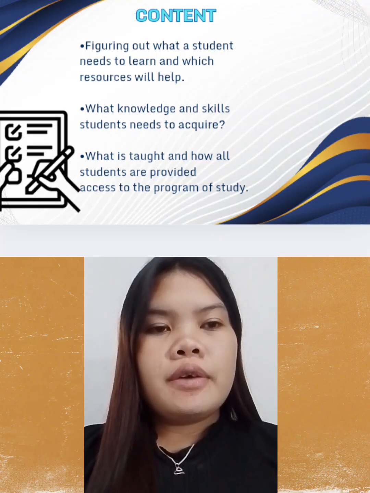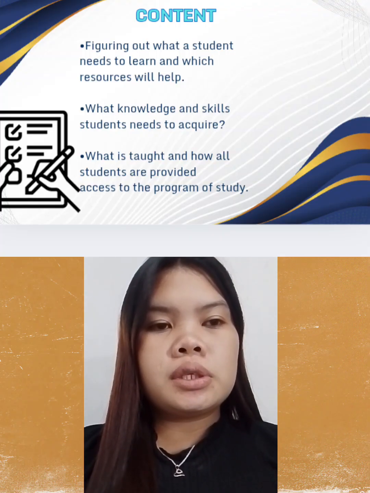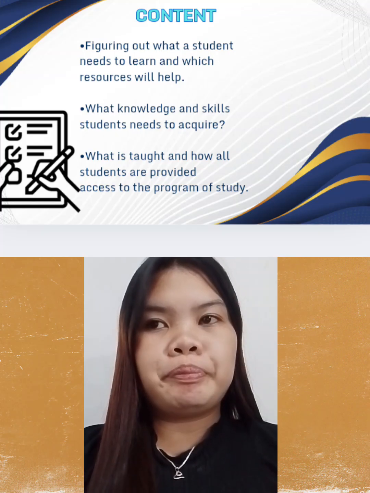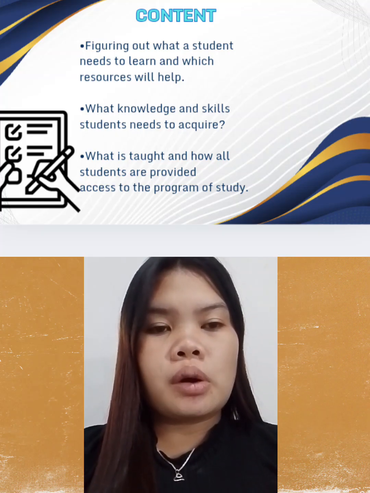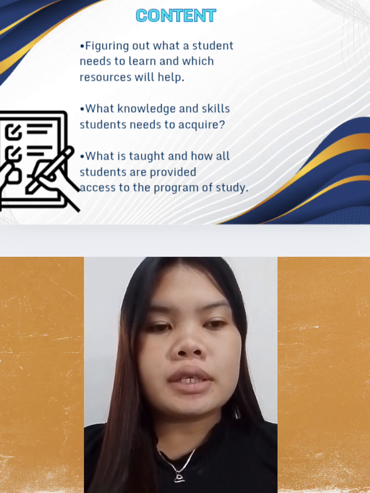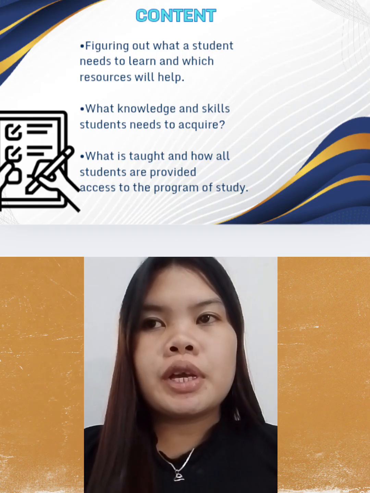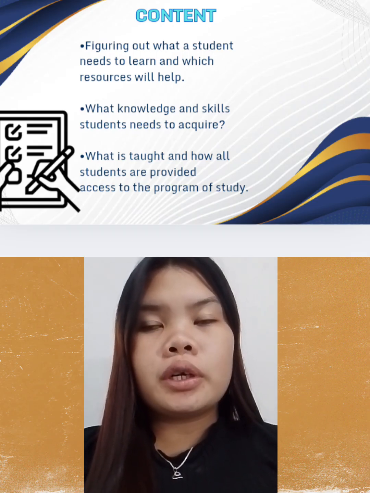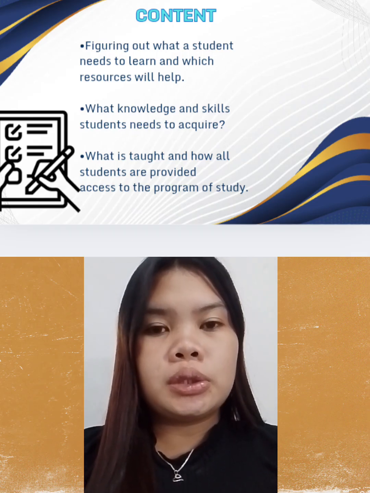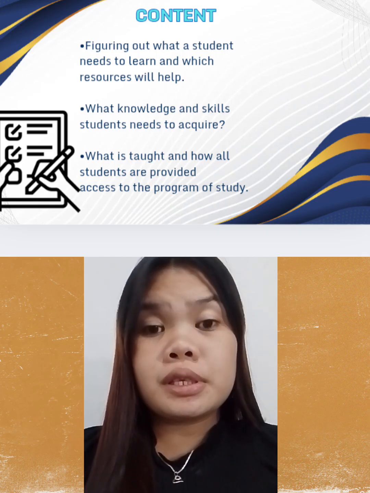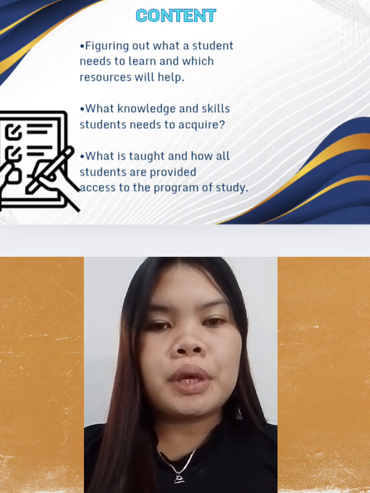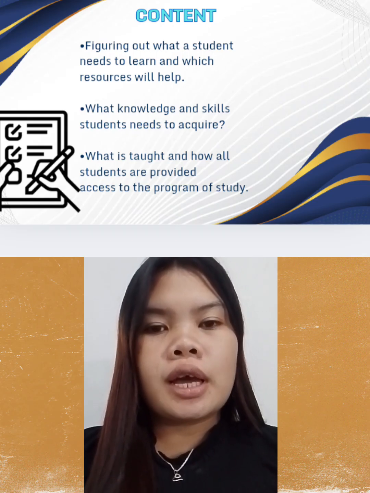Content: figuring out what a student needs to learn and which resources will help. What knowledge and skills students need to acquire, what is taught, and how all students are provided access to the program of study. So, content refers to what students need to learn. This covers a specified scope of sequential topics within each learning strand, domain, theme, or component.